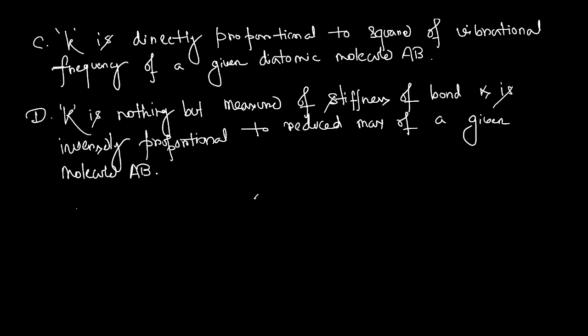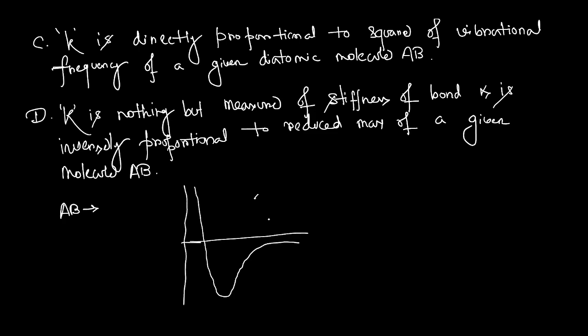So if I take a molecule AB in the real case, and plot the potential with respect to the interatomic distance r, it should look like this. This is r. Now, this is an anharmonic case.